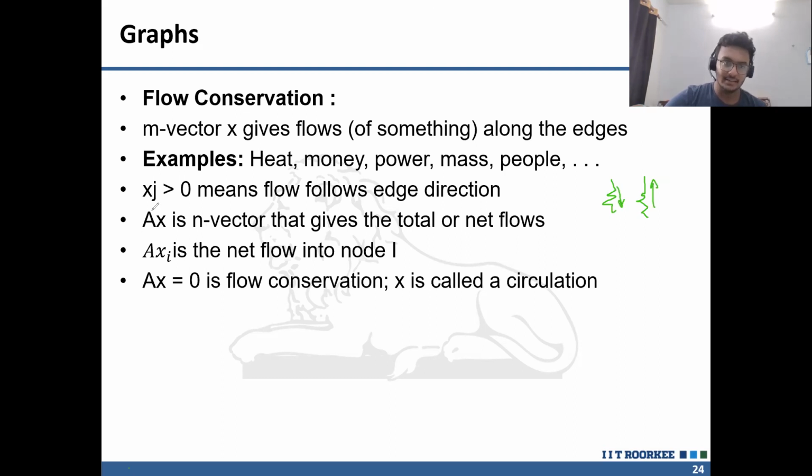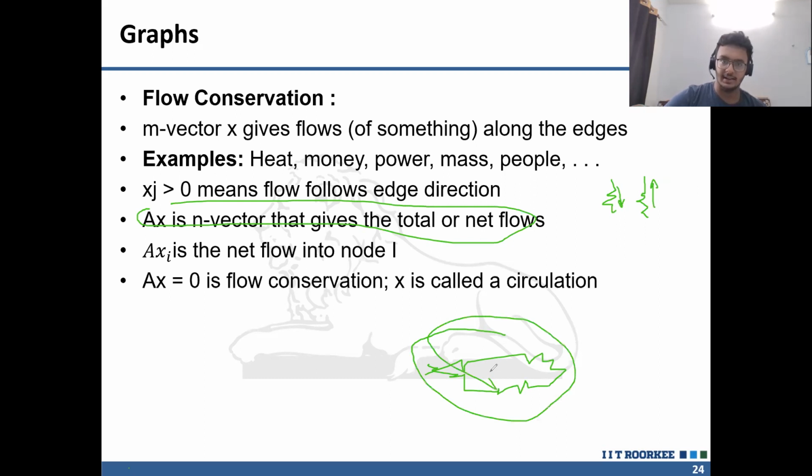And this vector right here gives the net total flows. So if this is a circuit and we are adding all the flows, we get the net total current in the loop. So this Ax is an n-vector that gives us the total or net flows. So (Ax)i is the net flow in node i.